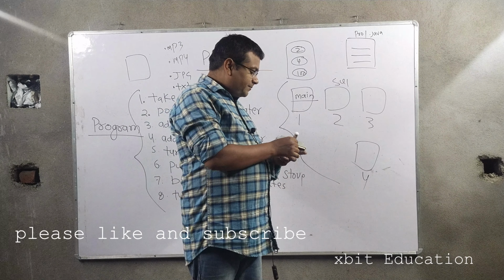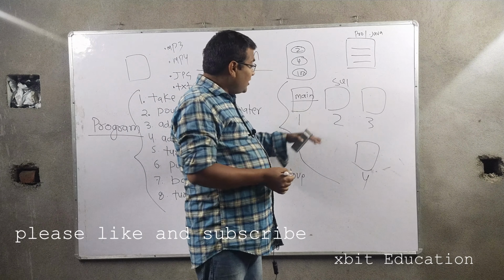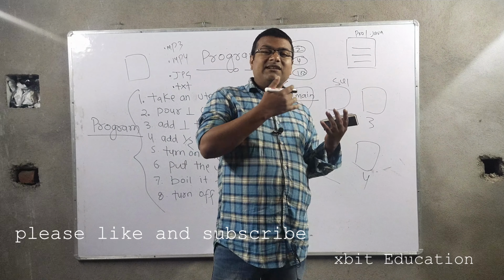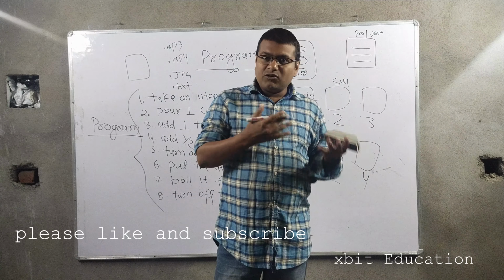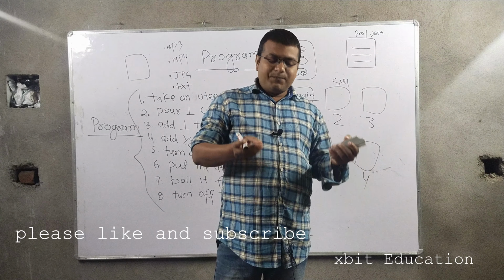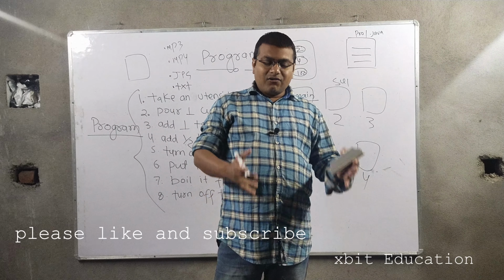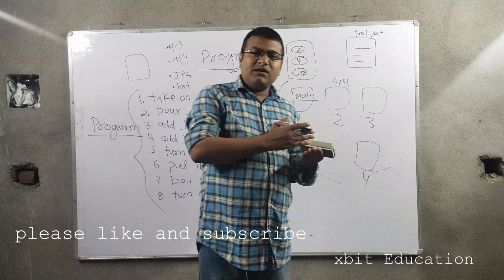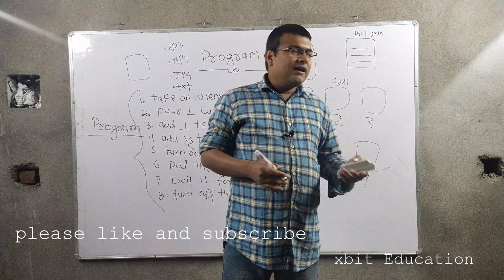So our paint program is now divided into 100 files. Actually, I am not saying that it is always divided into 100 subprograms. It is up to the programmer. According to our demand we divide it into many parts.